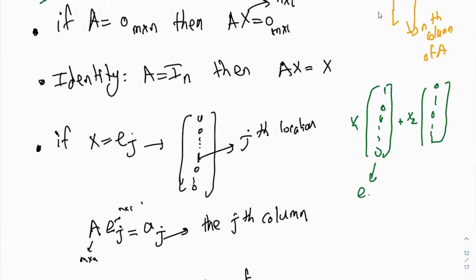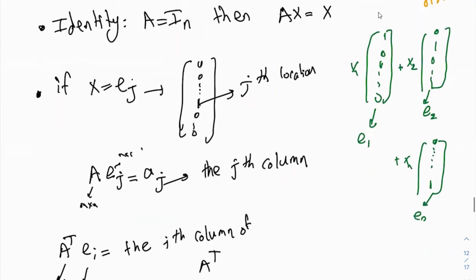This is e1, the unit vector for the first dimension, so it has a 1 as the first component and 0 otherwise. This is the unit vector for the second coordinate, and all the way you get plus xn times the unit vector for the nth coordinate, en.